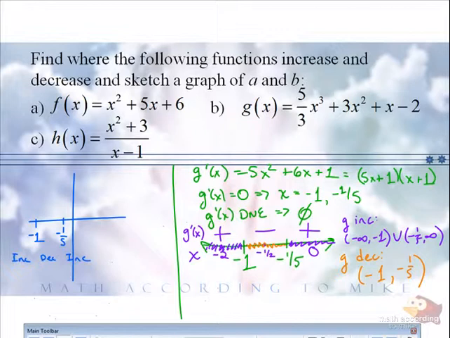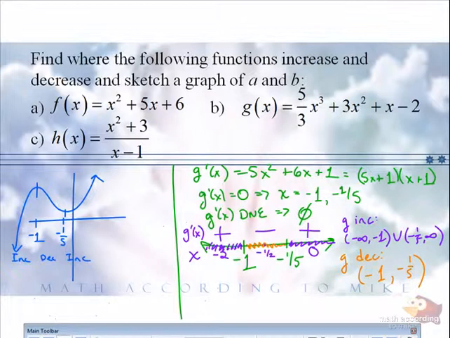But if you think about it, the function's a cubic, so it's probably going to be something like that. So we went from increase to decrease, back up to increase again.